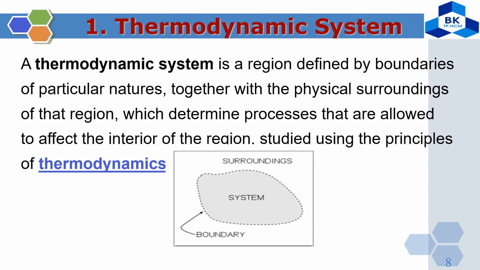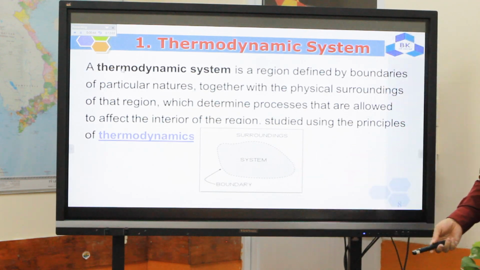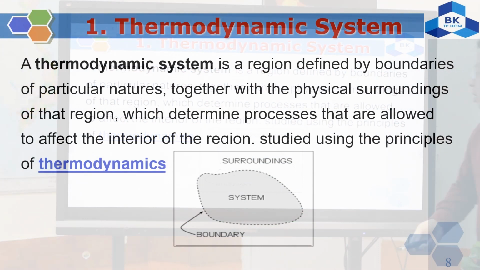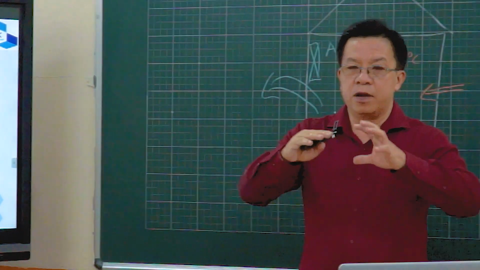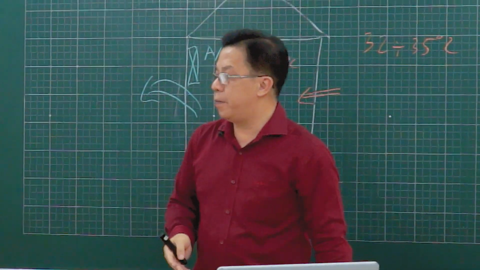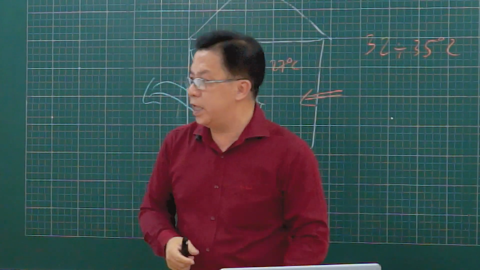You can see in this picture, we have a system here. That is the thermodynamic system. Outside the system is the surrounding. To separate the system and the surrounding, we have the boundary. The boundary can be physical or non-physical, meaning it can exist or not exist in reality.